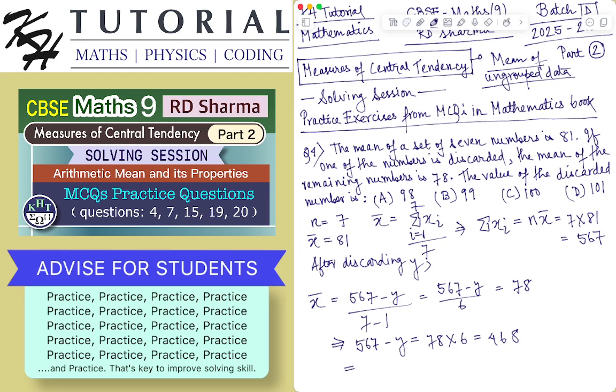So y is equal to 567 minus 468, which is 99. So 99 is the discarded number, and the correct choice is B.